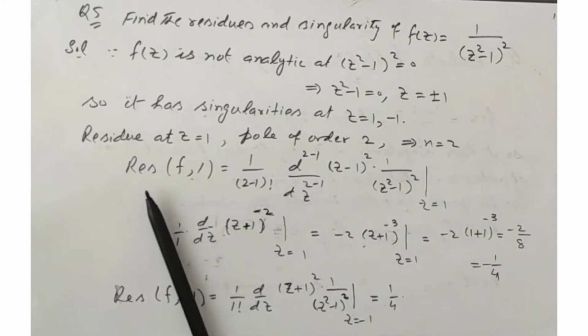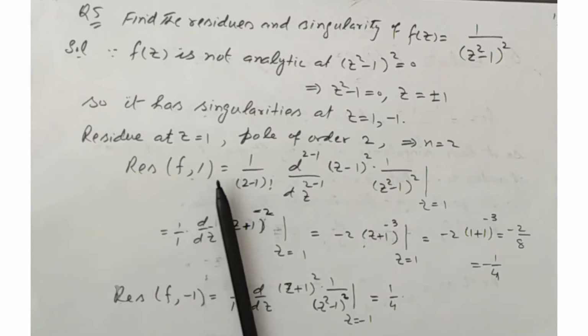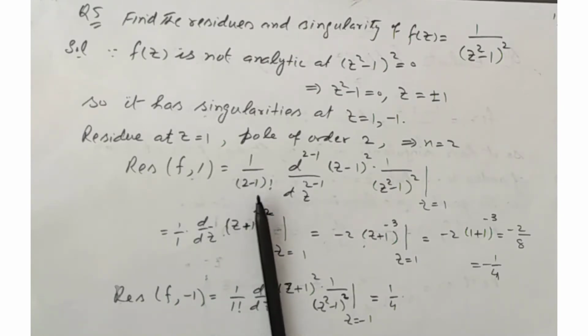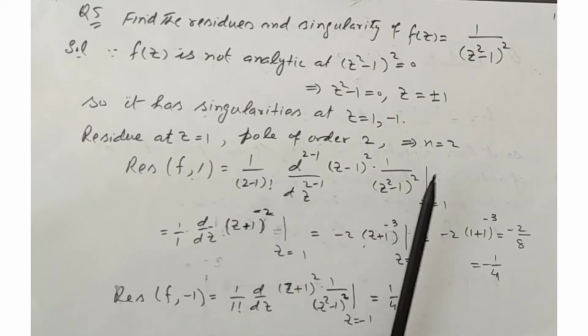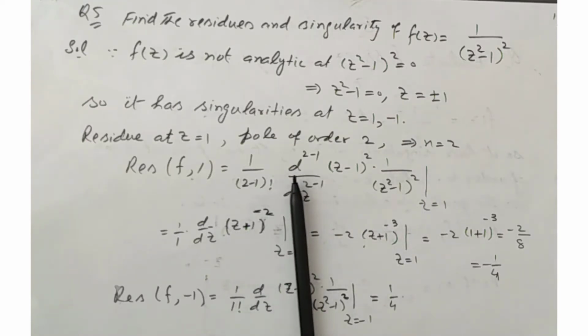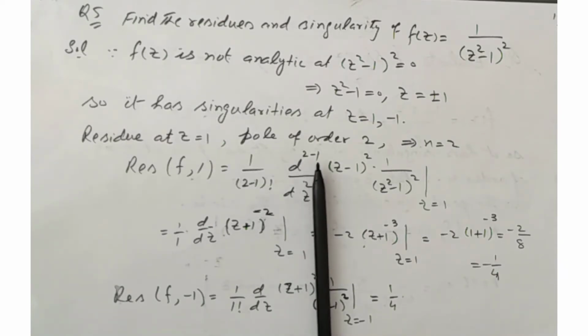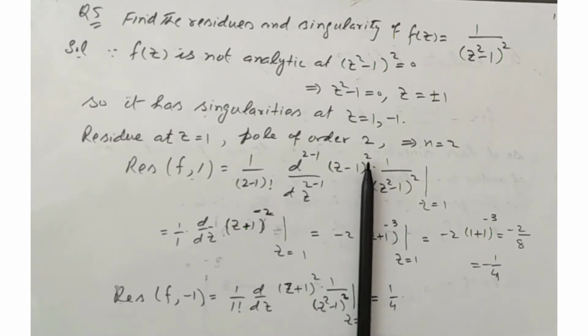Now we are using the formula of residue of f at 1 equal to 1 by (n minus 1) factorial. Here in the formula it is n minus 1 factorial. The value of n is 2, so we put here 2 minus 1 factorial. Here in the formula d to the n minus 1, the n is 2, so we write d to the 2 minus 1 over dz to the 2 minus 1, and this is (z minus a) to the n.